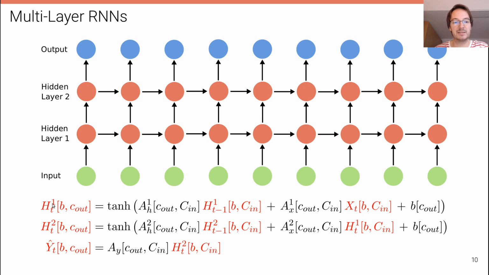So we have an index 1 where we produce now the hidden states of the first layer, and then the hidden states of the second layer depend on the hidden states of the first layer and the hidden states of the second layer at the previous time step. And then the output prediction depends on the second hidden layer. And of course, we can make these models deeper and deeper as we desire.